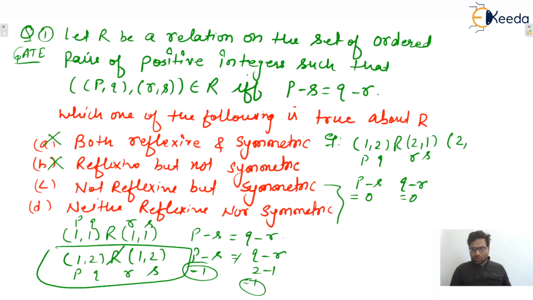Now tell me whether (2,1) will be related with (1,2) or not? Here also this is P, Q, R, S. So P minus S equals Q minus R or not? P minus S is 0, and Q minus R is also 0. Yes, that is also related.